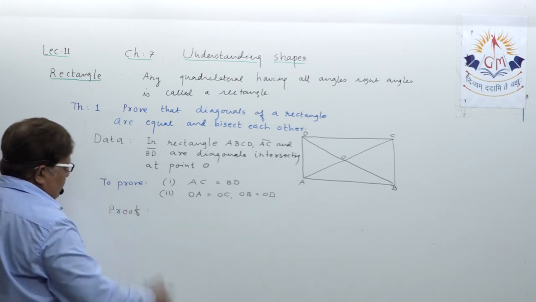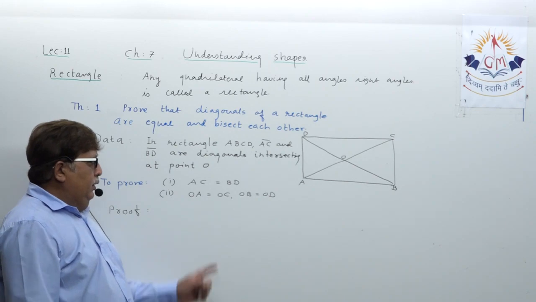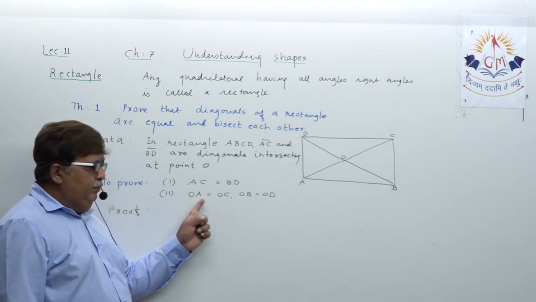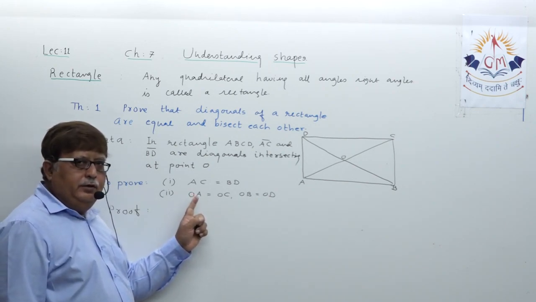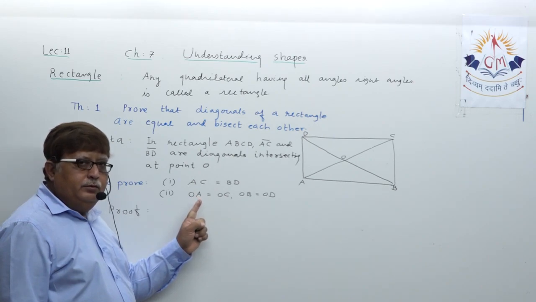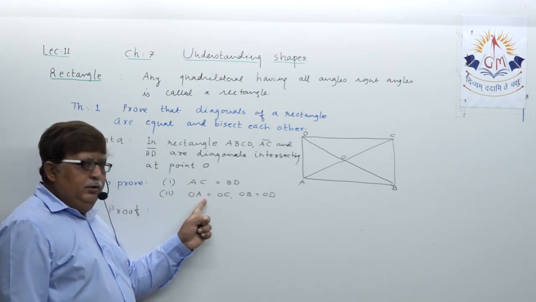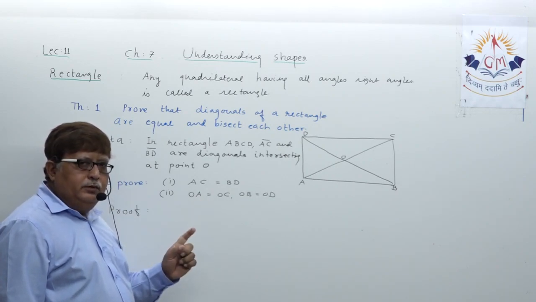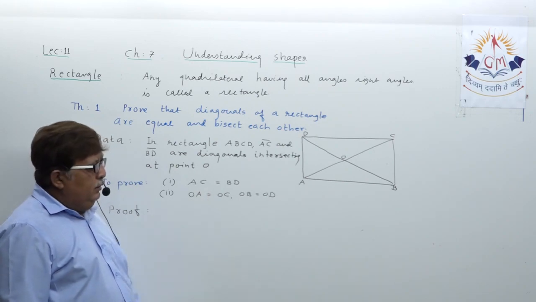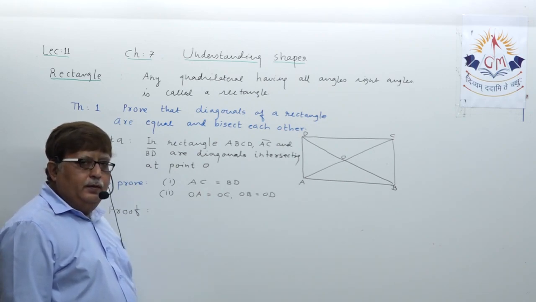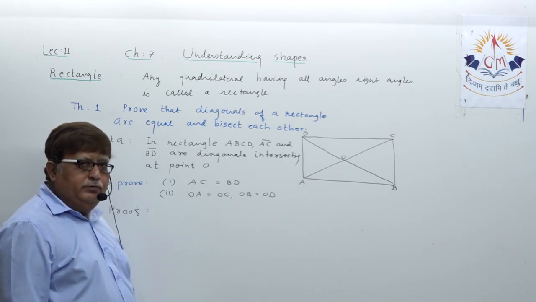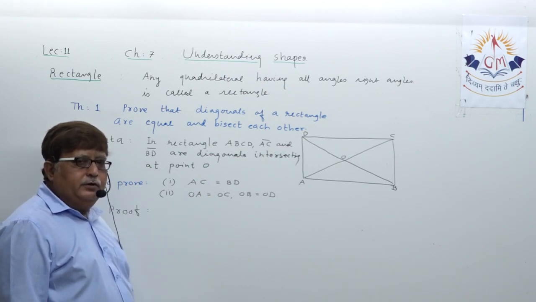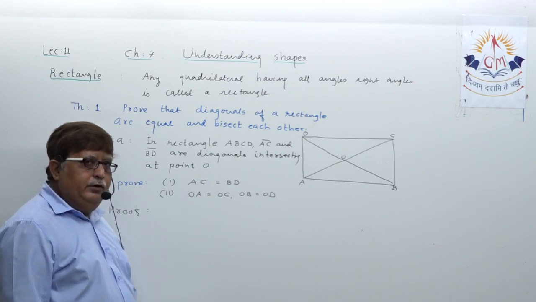See, dear student, our first target will be to prove the second fact first. That means diagonal AC and diagonal BD bisect each other.